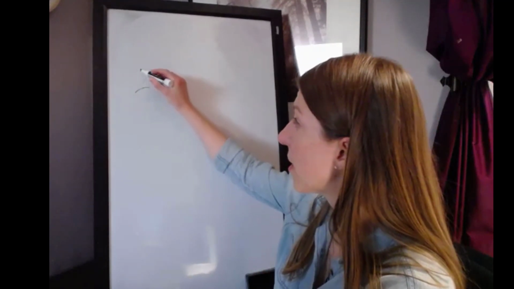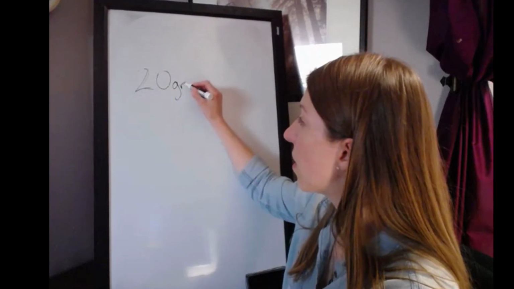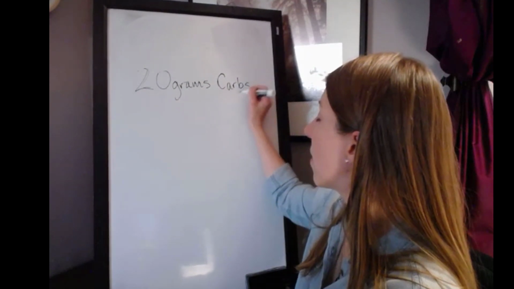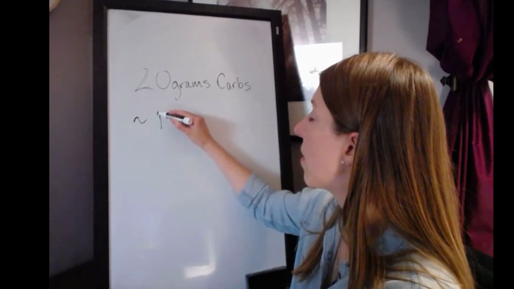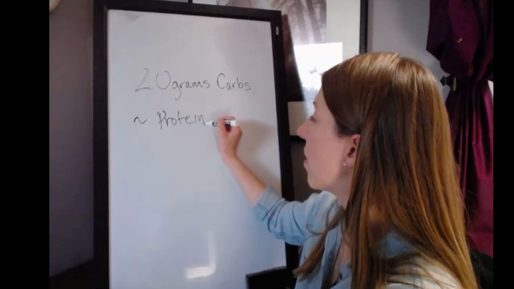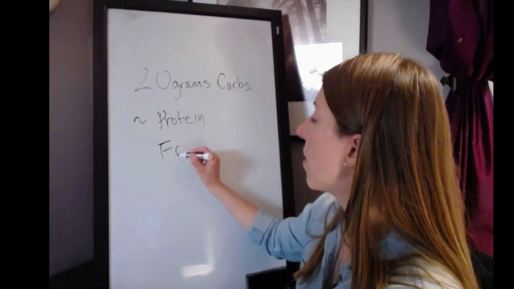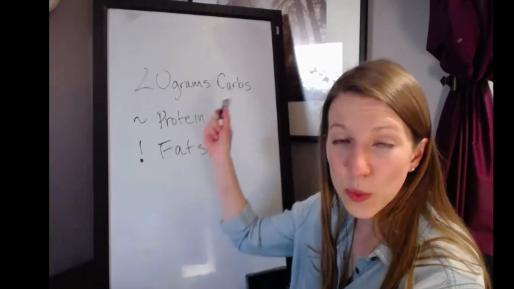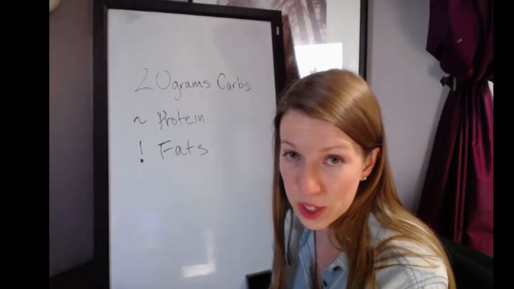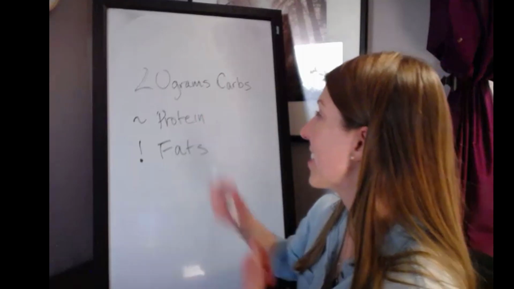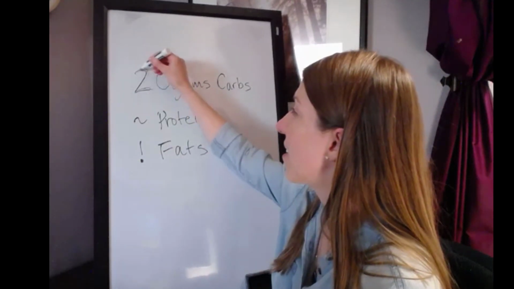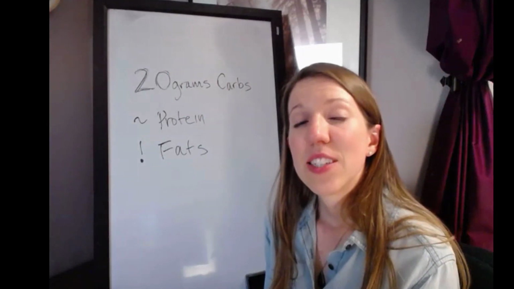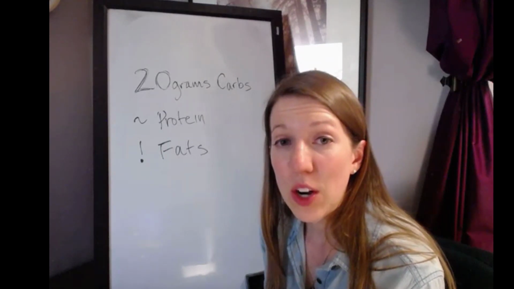So we say 20 grams of protein is about what you want to start with, and 20 grams of carbohydrates is about what you want to start with.